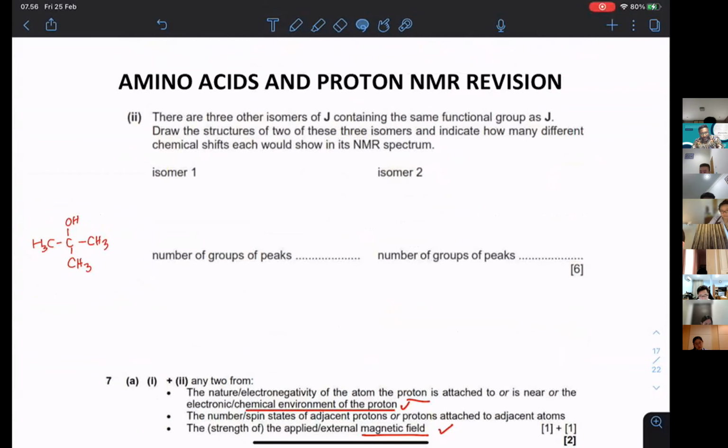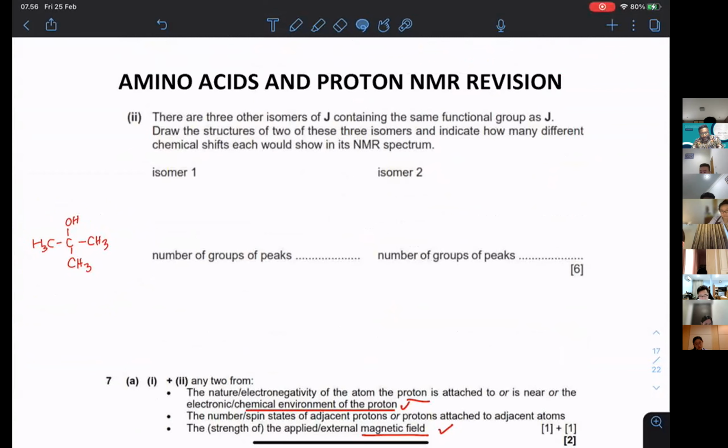If you have isomer alcohol, 4 carbon, first isomer, 1, 2, 3, 4, no brainer. This is the first thing I will write: a straight chain, and then I put the OH. This is isomer number 1.